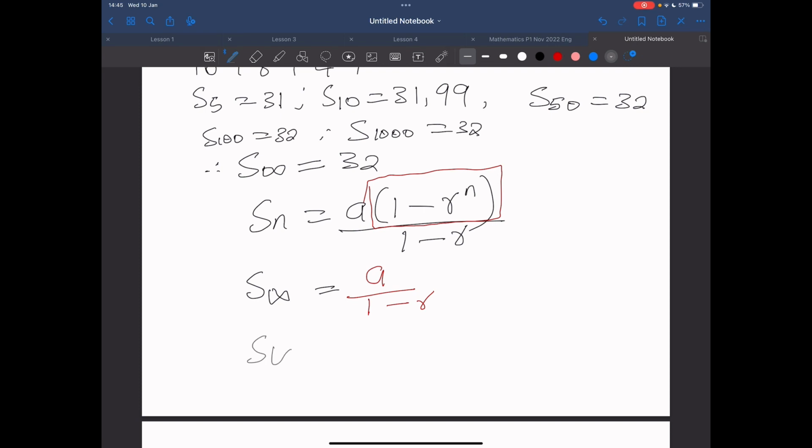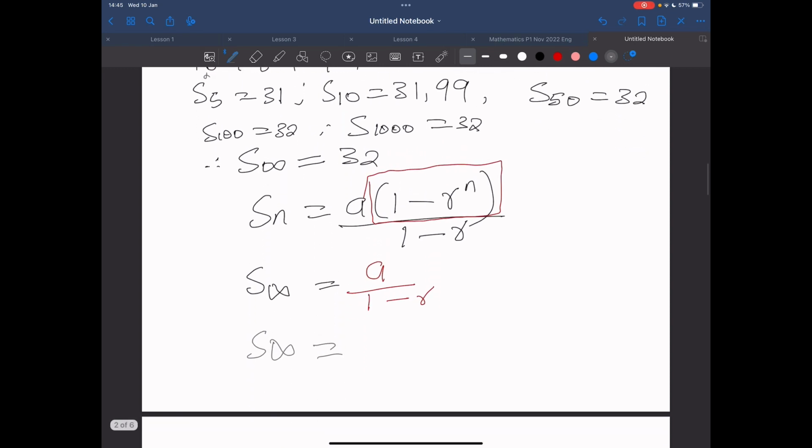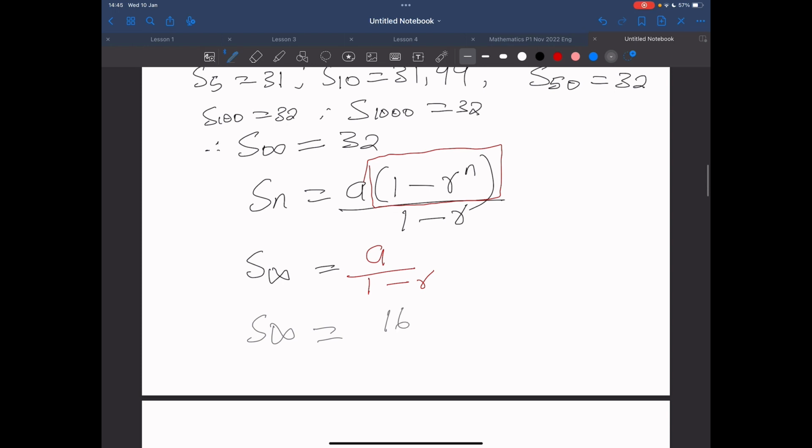So the sum to infinity is going to be a, the first term, which we said is 16. So it's 16 divided by 1 minus r, where r is half. So we have 16 divided by 1 minus half, which is 16 divided by half, which is 32.